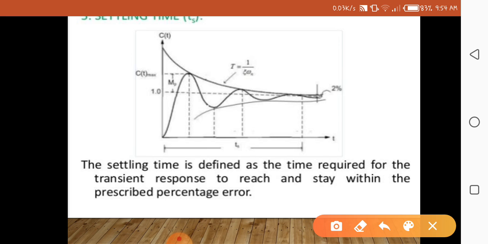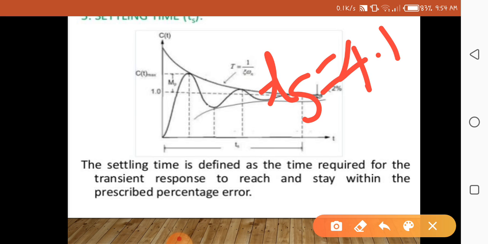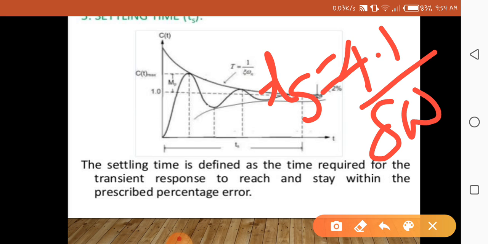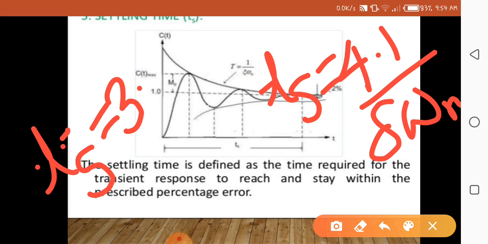So Ts, the settling time, is equal to 4 upon zeta omega n, and that is the settling time for the 2% band. The settling time for the 5% band is Ts equal to 3 upon zeta omega n.